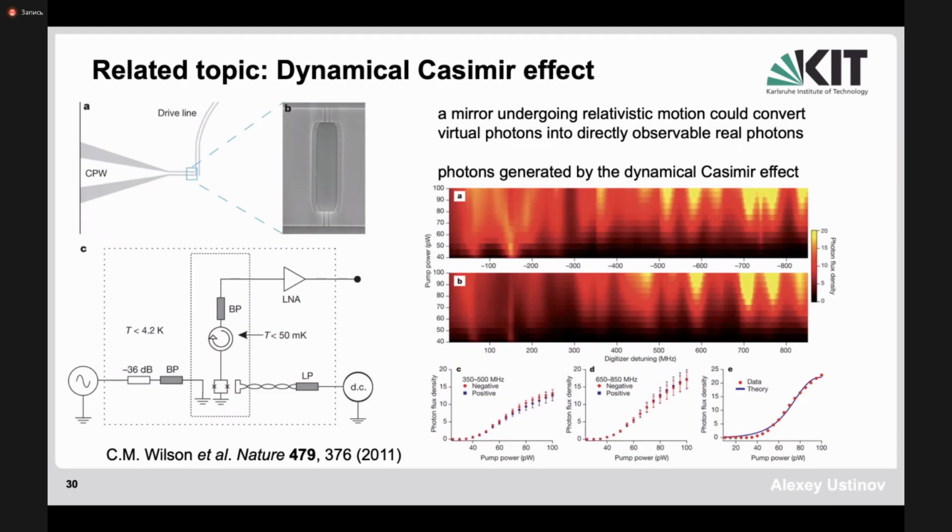Now, using this resonator and a SQUID coupled to it, people have actually demonstrated the dynamical Casimir effect, such that you generate entangled photons at frequencies below the frequency of the pump, such that the corresponding photons have frequencies which in sum give the frequency of the pump.